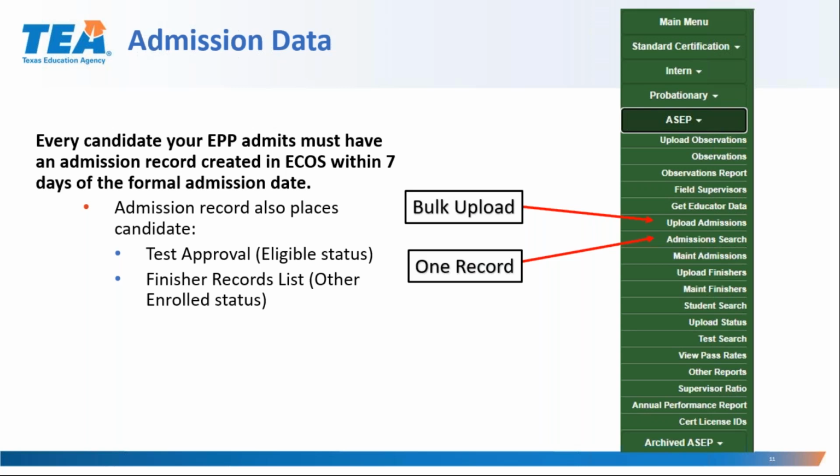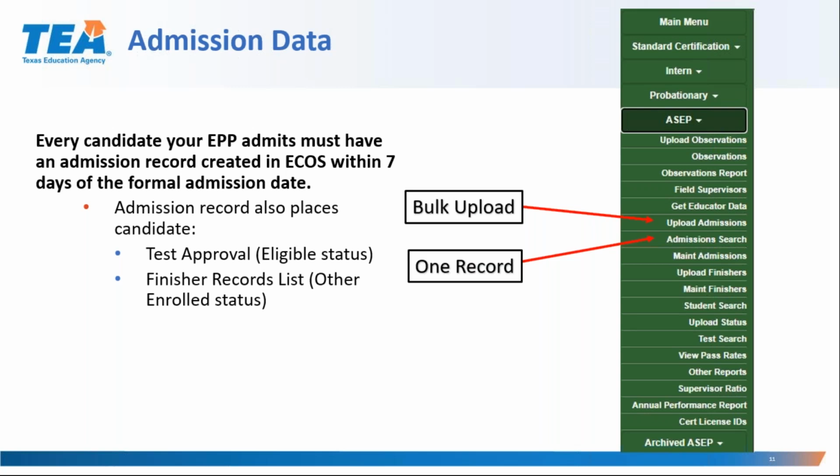The admission record has a very helpful feature in that it automatically creates 2 more records for the admitted candidate. First, a test approval record is created for each test that will be required for that candidate's certificate, and the status is populated as eligible so that the candidate cannot actually test until you are ready to approve the testing.